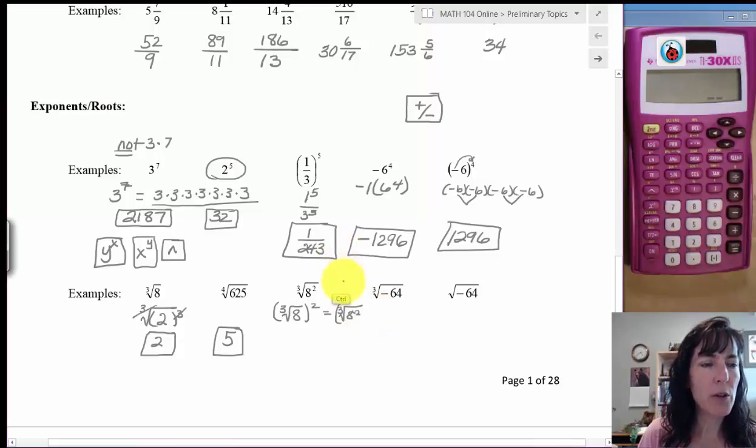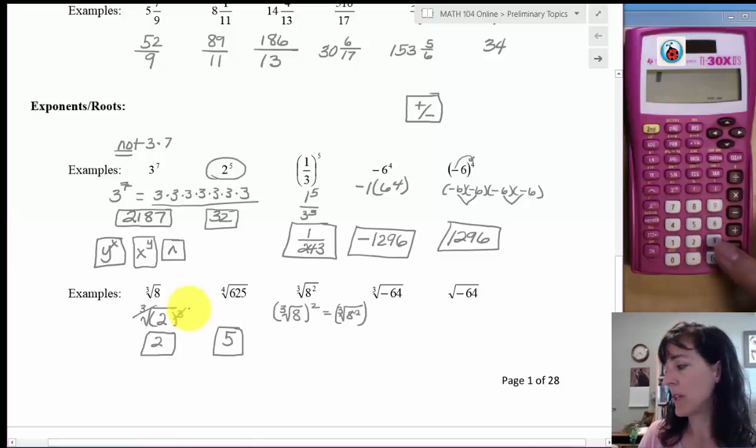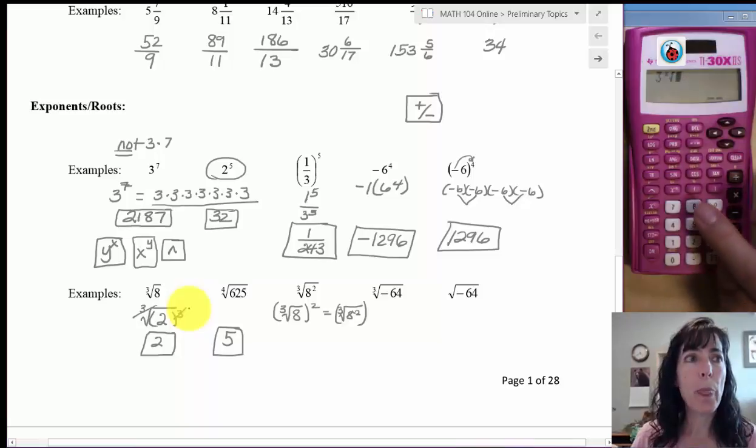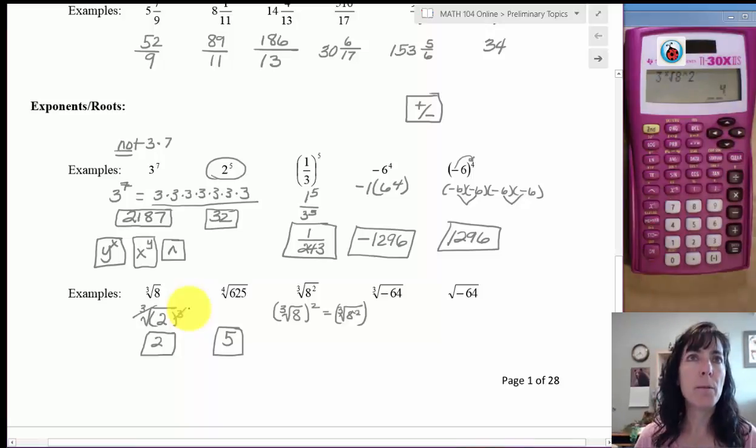It doesn't matter if I put the squared underneath the radical or outside the radical. So because of that, it doesn't matter how I type it in. So I can do the third root of 8 squared, and I get 4.